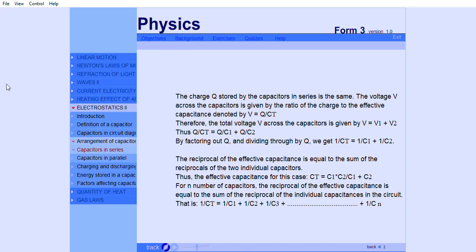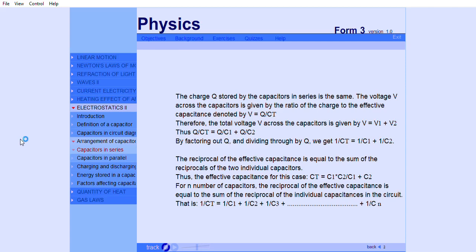Thus, the effective capacitance for this case is CT is equal to C1 multiplied by C2 divided by C1 plus C2. For any number of capacitors N, the reciprocal of the effective capacitance is equal to the sum of the reciprocal of the individual capacitances in the circuit.